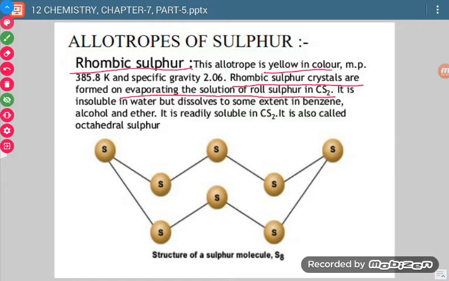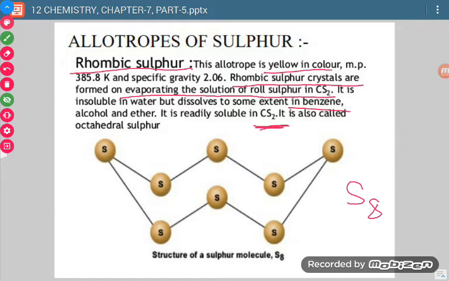Now this sulphur is insoluble in water and it dissolves in non-polar solvents like benzene, alcohol or ether. It is readily soluble in carbon disulfide. Now let us see this structure. It exists as an octatomic molecule, S8. So each sulphur is bonded with two other sulphur atoms.